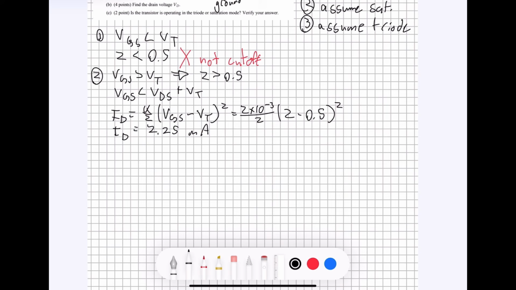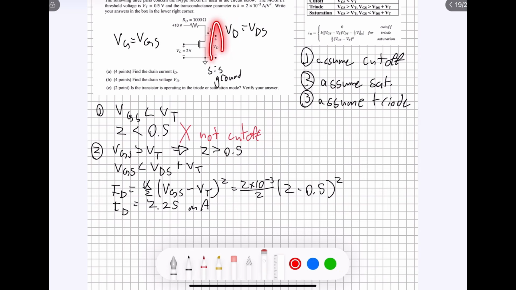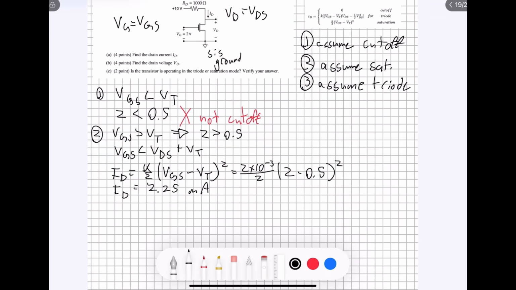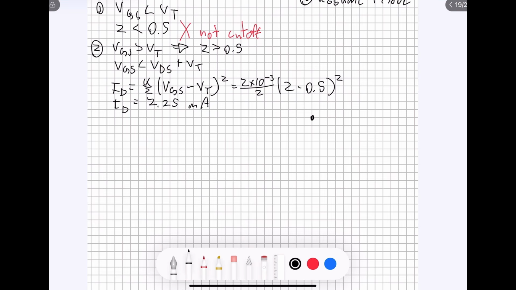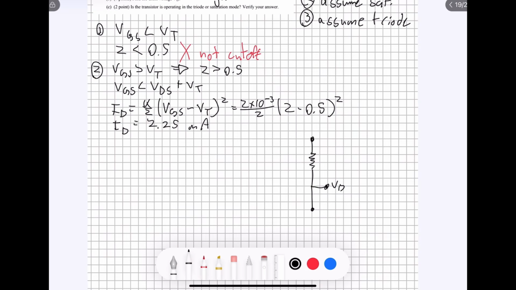All right, so now that we know what the current is, we can use that to solve for the voltage right here. And the way we do that is we can see the circuit is kind of set up something like this. So this is VD, this is where the transistor is, and then this is what I would call VDD, and then we've got this resistor right here.